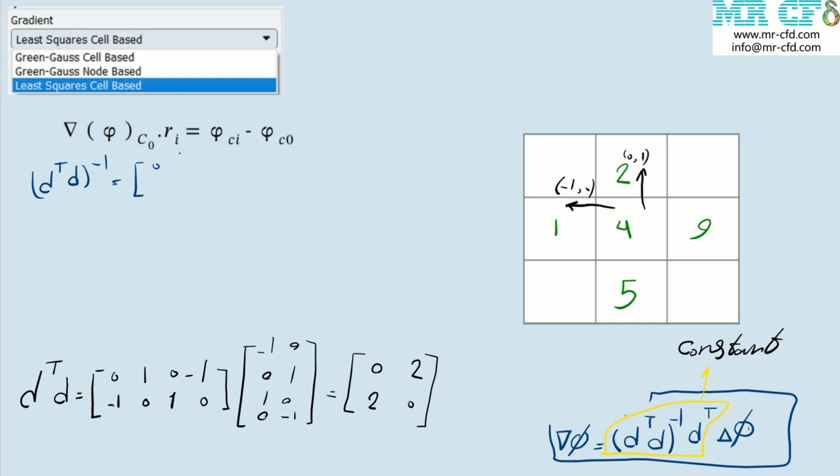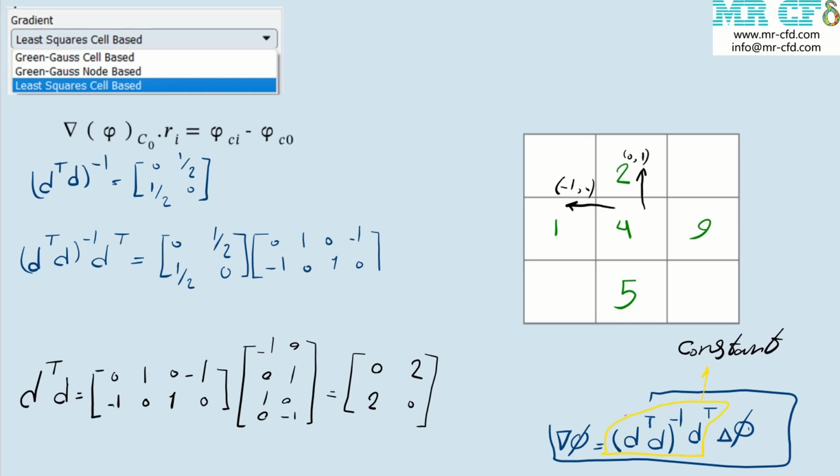Calculating the inverse of this matrix gives 0, 0.5 and 0.5, 0. The product of this inverse with the transpose of D gives minus 0.5, 0.5, 0 in the first row and 0.5, 0, minus 0.5 in the second row.